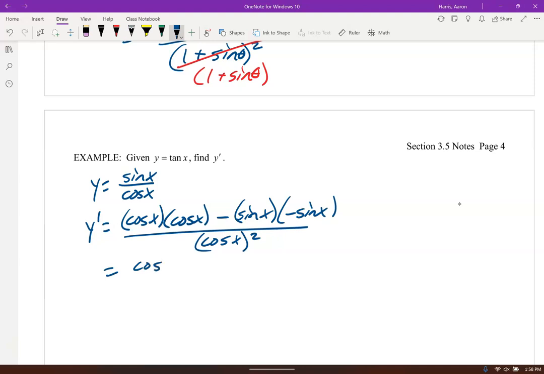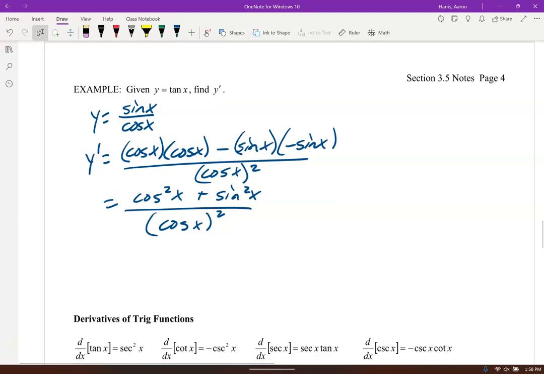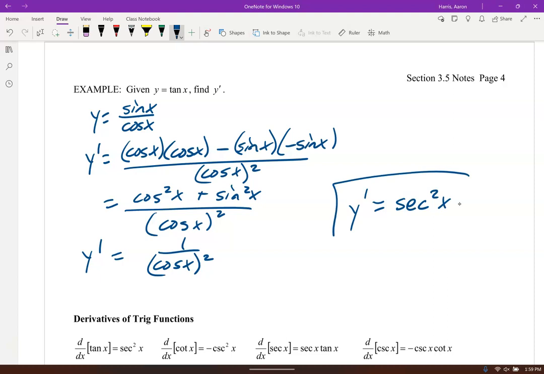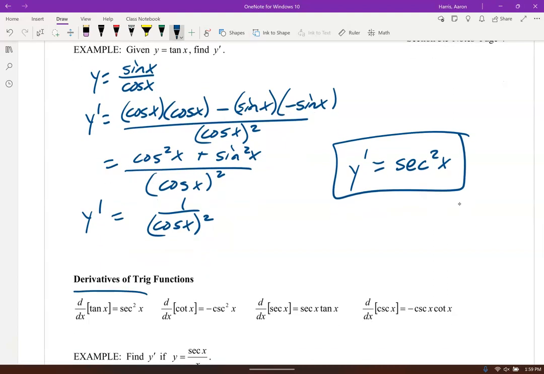So I have cosine squared plus sine squared all over cosine of x quantity squared. Well, sine squared plus cosine squared is 1. So the derivative is 1 over cosine times 1 over cosine. That's secant times secant, that's secant squared. So what's the derivative of the tangent? Secant squared, right?